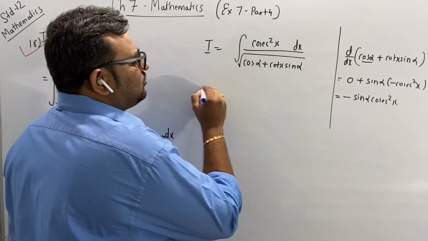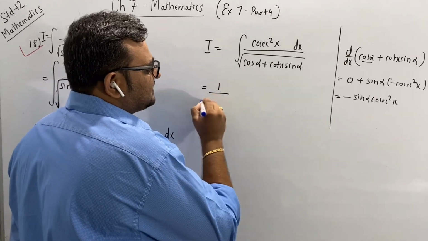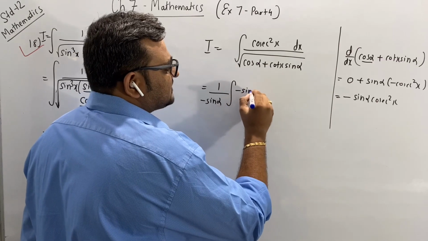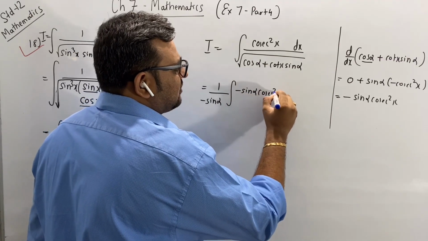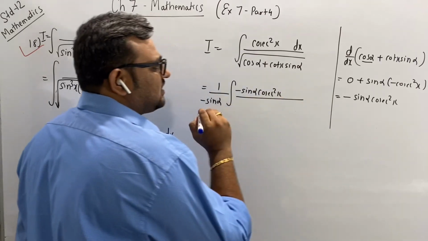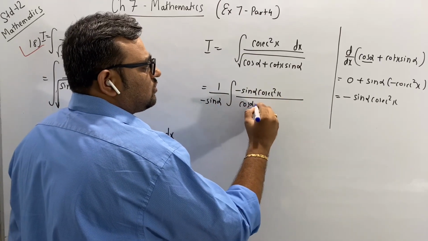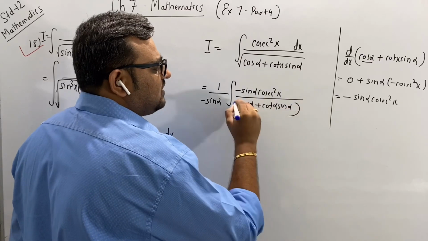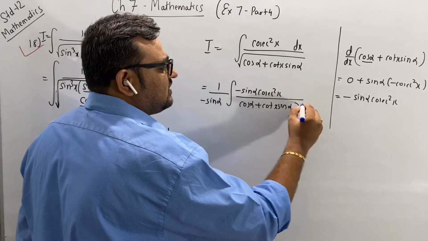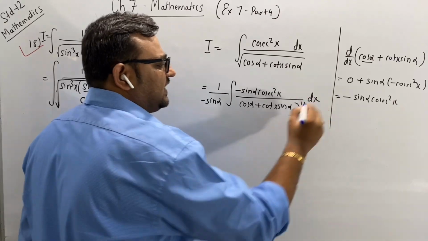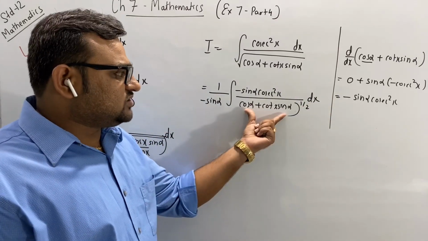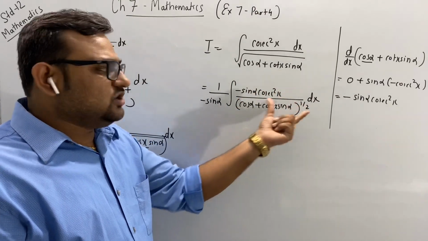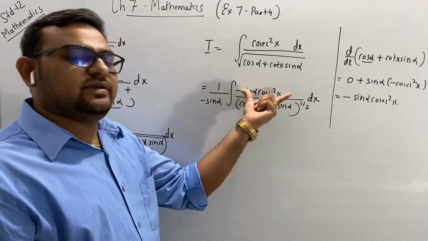So what I can do? Divide by minus sine alpha, multiplied by minus sine alpha cosec square x upon cos alpha plus cot x sine alpha raised to 1 by 2 dx. So when this goes in the numerator, it will be minus 1 by 2. So this will be f x, this will be f dash x.